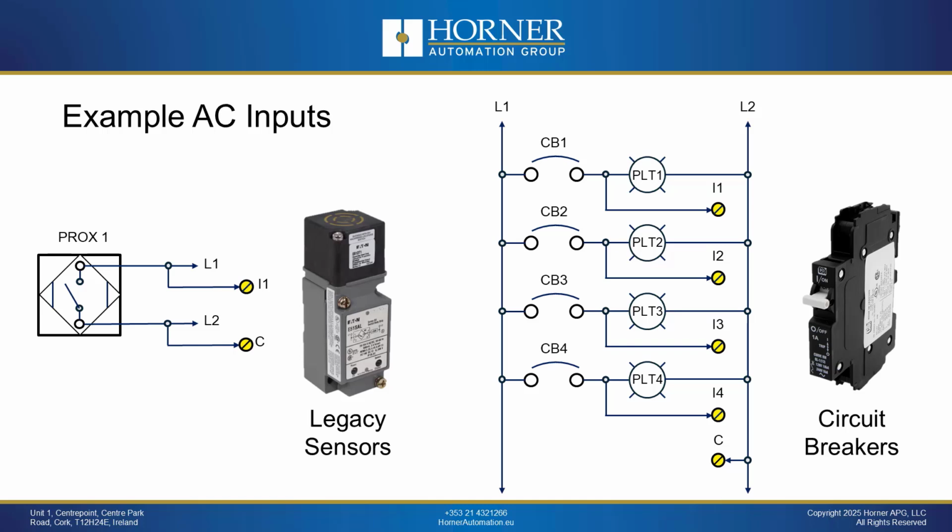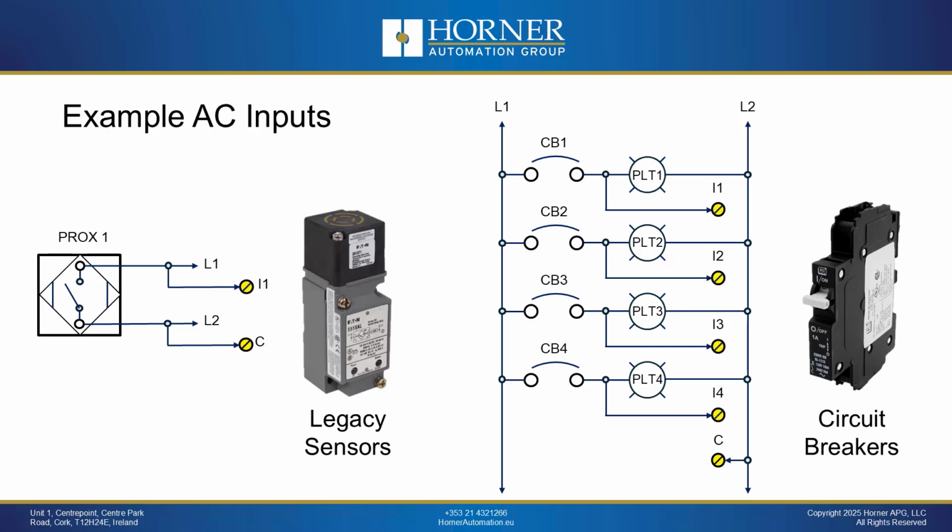Let's look at a couple of different scenarios of where we are dealing with AC, starting with those legacy sensors. On the screen there we have an example inductive prox, that is an AC only inductive prox. Nowadays most inductive proxes support either AC or DC. However, there are plenty of legacy sensors that are AC only, and we need to be able to interface with those.